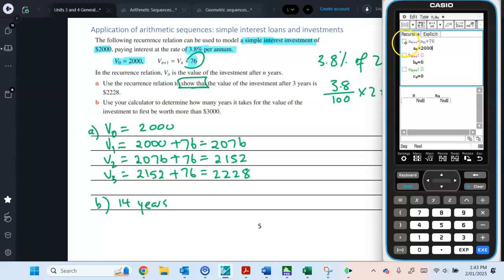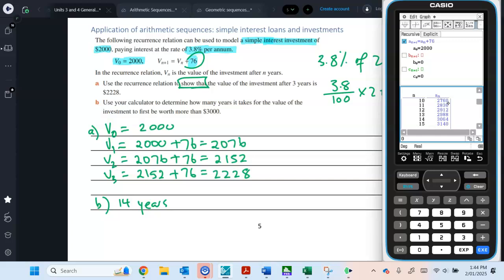Tick that off. Okay, and then we can just look at our table. There we go. Then you can just scroll down and get to your 14 that way. I would probably prefer this over pressing enter because it's there for you, as long as you've put your recurrence relation in correctly, then that should be fine.